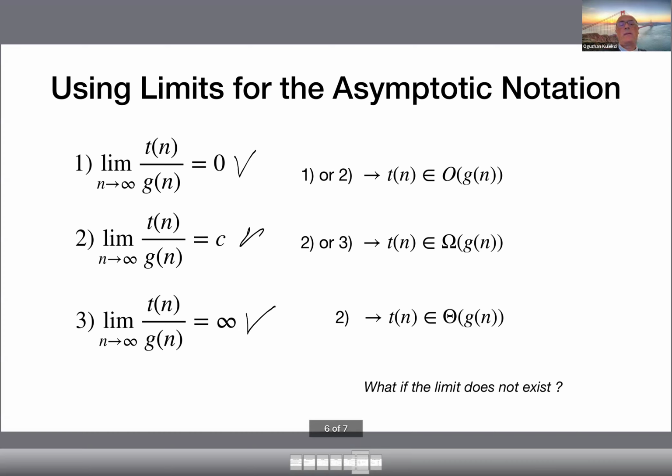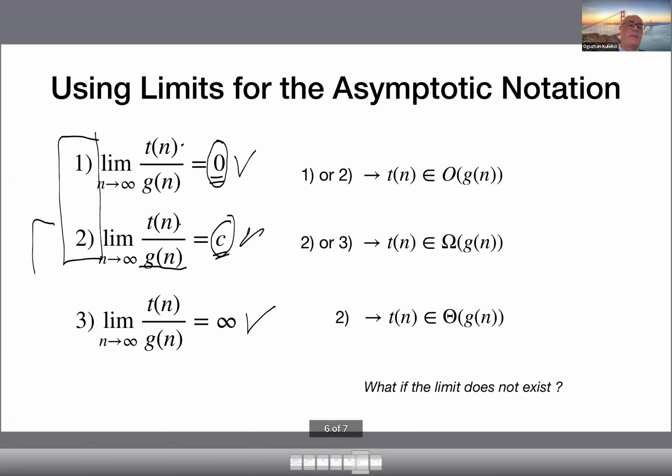If T(n) over G(n) goes to 0 or some constant, cases 1 and 2, we say that T(n) is an element of big O of G(n). Why? Because we see that the growth of G(n) is larger than T(n). That is why it becomes 0 or approaches a constant, and that makes G(n) an upper bound for T(n).